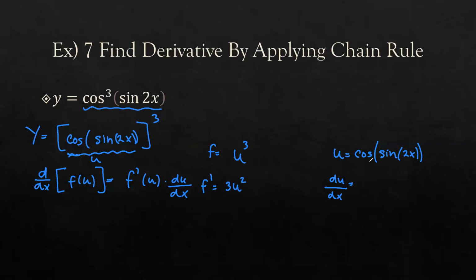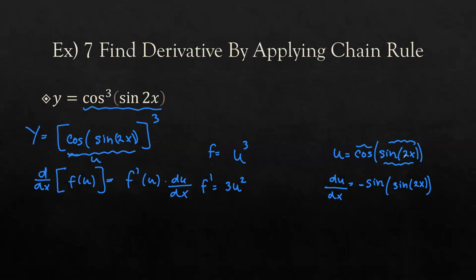So this part is a bit tricky. We're going to apply the chain rule. First, you have to take the derivative of cosine. The derivative of cosine is negative sine. Leave the inside parentheses alone for right now. Then take the derivative of the inside, the derivative of sine of 2x. This is where you have to take the chain rule again.